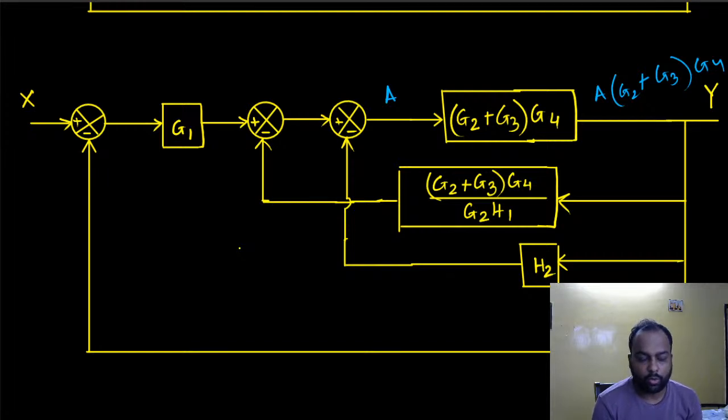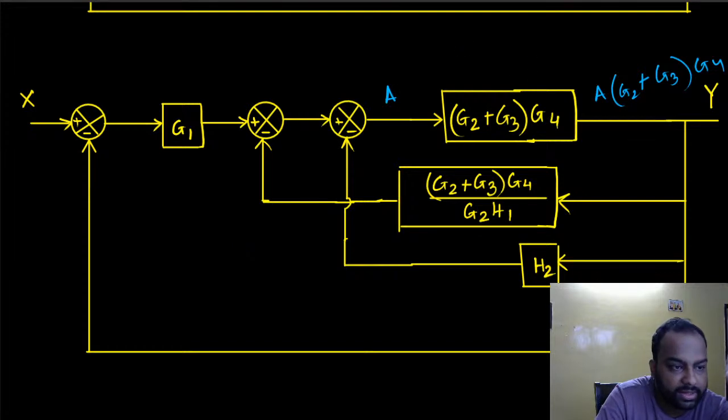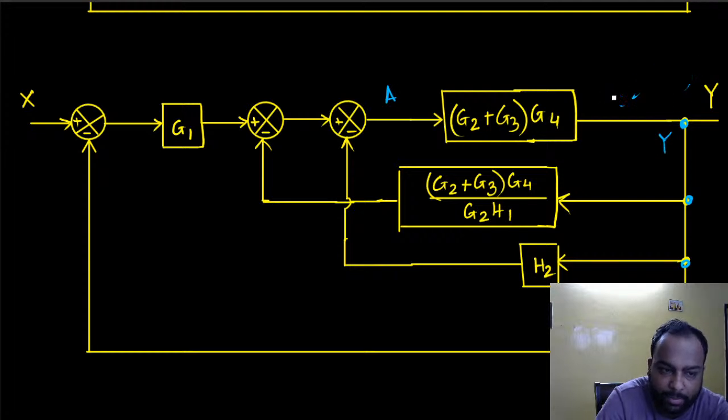There is one more step you have to do to understand something very important here: this point and this point are identical points. They are the same signal. This signal is y here, this signal is y here, this signal is y here.